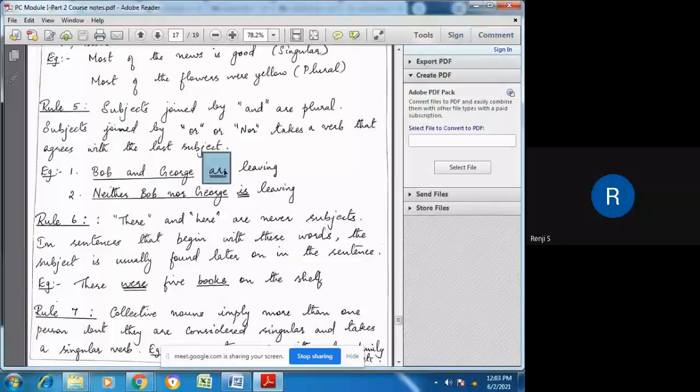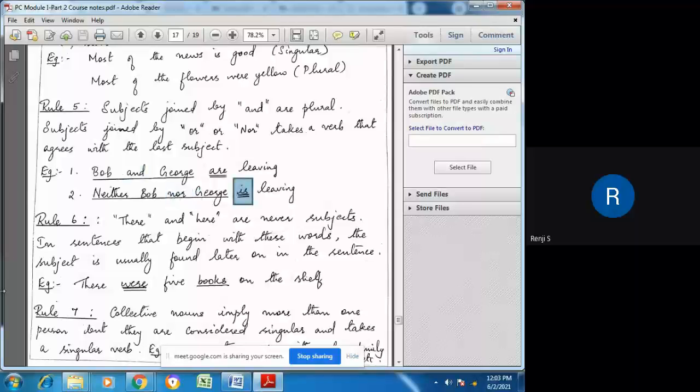If you're going to use is here, then that is singular and that will be wrong. Then the second case, that is joined by or, nor. Neither Bob nor George is leaving. So if you're going to use, instead of and, or, nor in between the subjects, then the verb is singular.